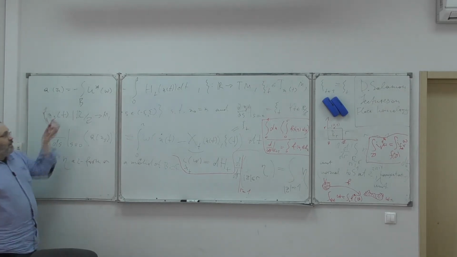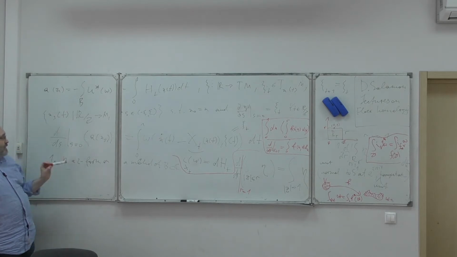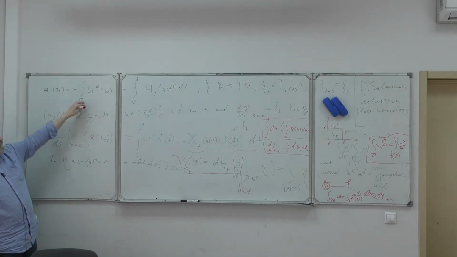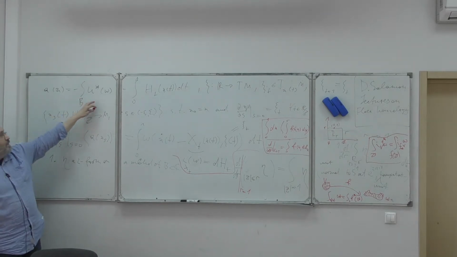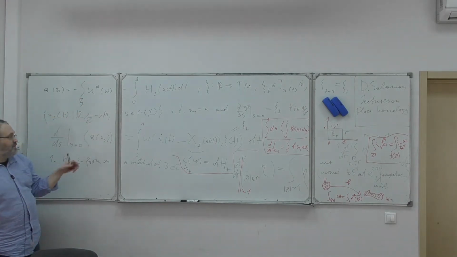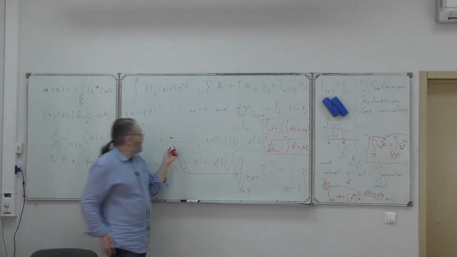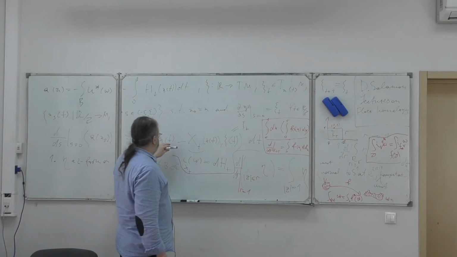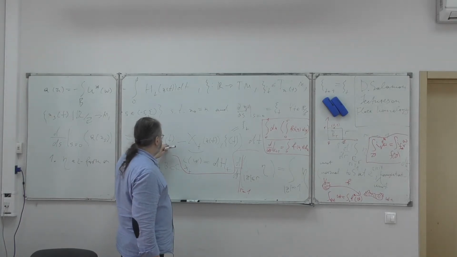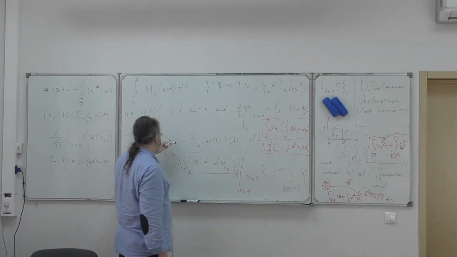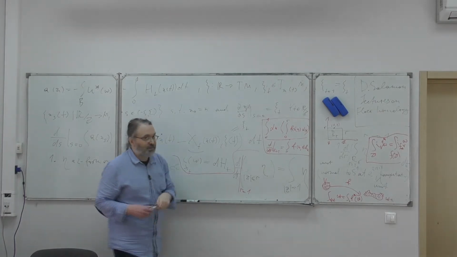Now let's see what this statement has to do with the fact that the differential of the first summand is the integral of omega x dot of t psi of t.